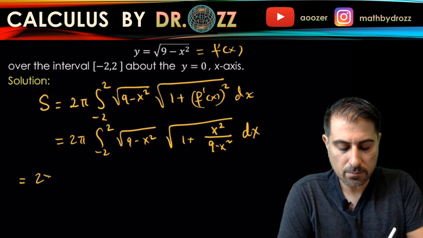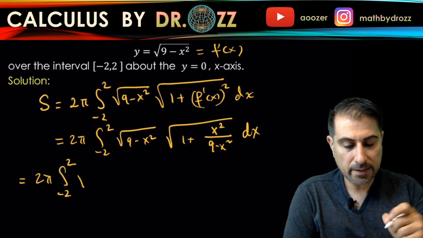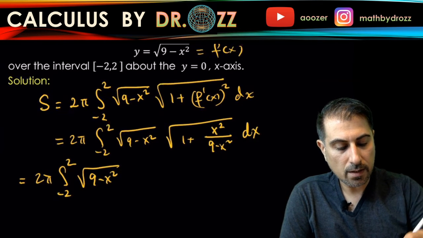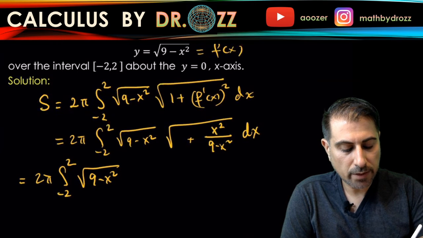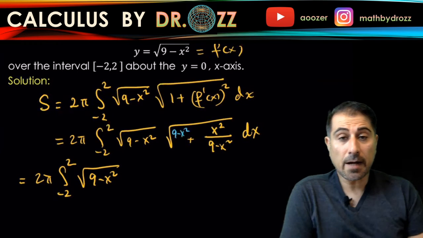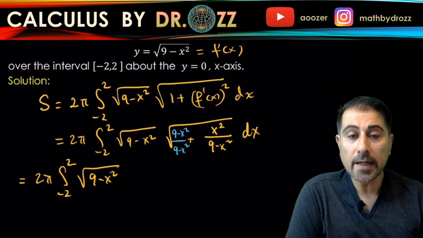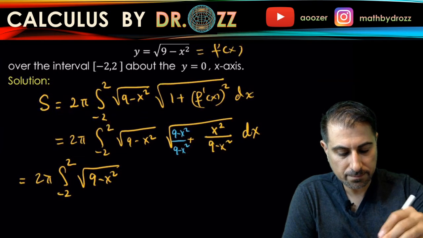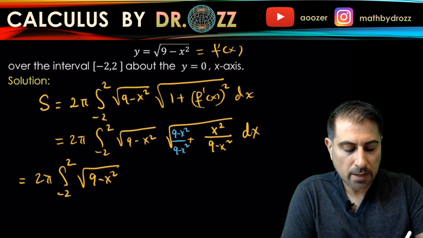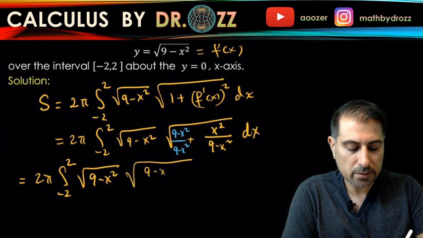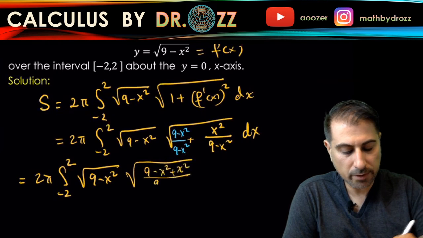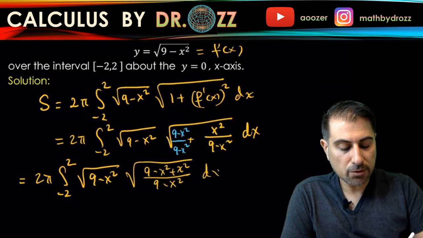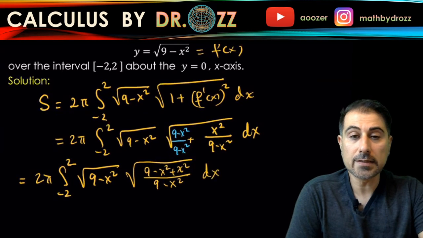Okay. So this radical is fine, but for the other radical, what I'm going to do is replace 1 by 9 minus x squared divided by 9 minus x squared so that I have a common denominator now, and I can bring these two fractions together. So 9 minus x squared plus x squared divided by 9 minus x squared under one radical, right? There we go. This allows me to cancel the x squareds at the top.